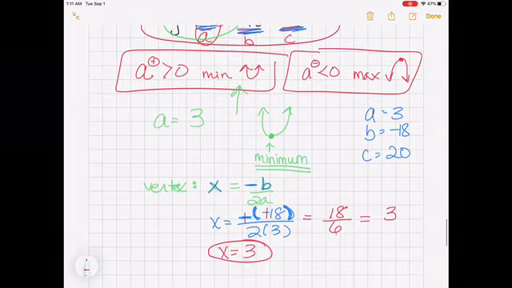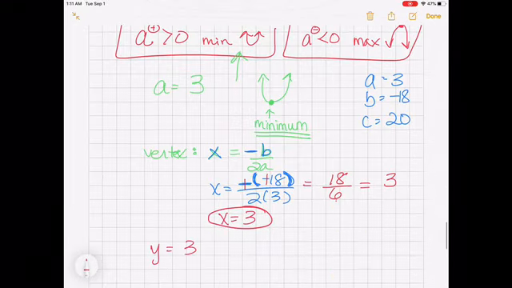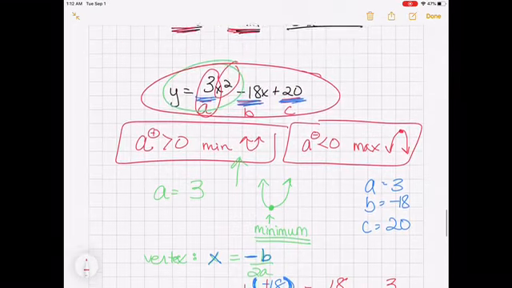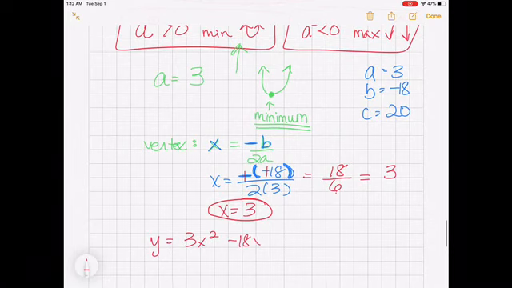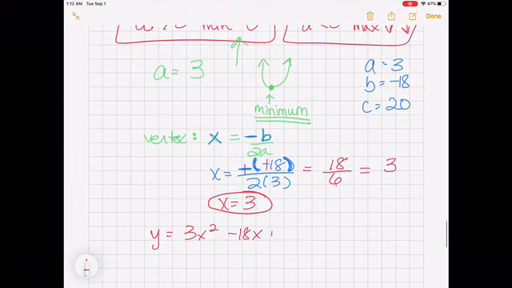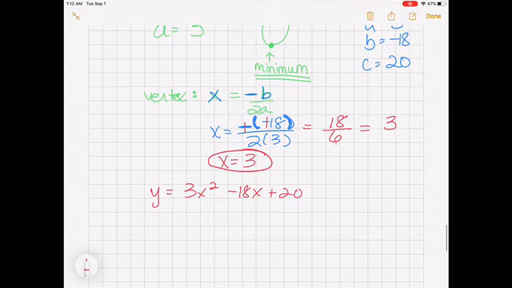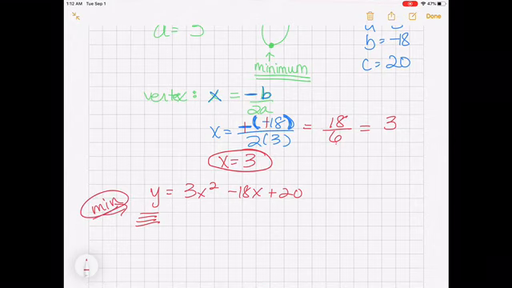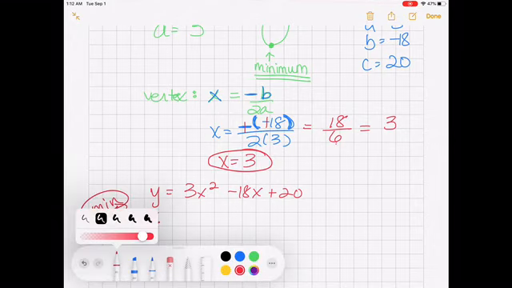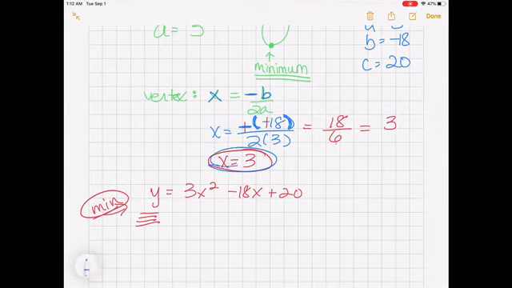So we've got y equals 3x squared minus 18x plus 20. In order to find this y value, which would be our minimum value, we're going to plug in those values for x. So we plug them in here and here, and that's it.